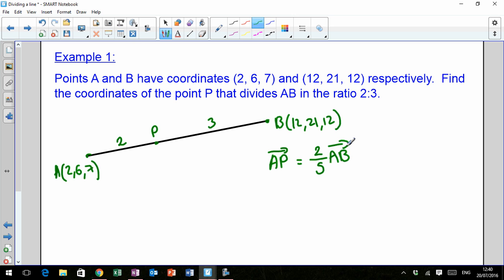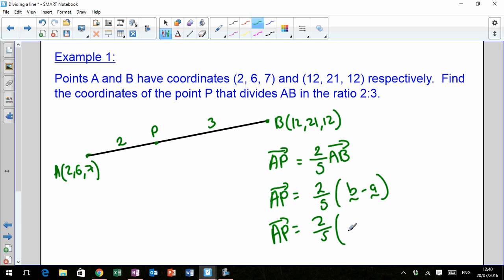You already know all the maths involved in. Okay, so AP is going to be 2/5 of AB. So that's going to be 2/5 of B subtract A, which means that it's 2/5 of 12, 21, 12, subtract 2, 6, 7.